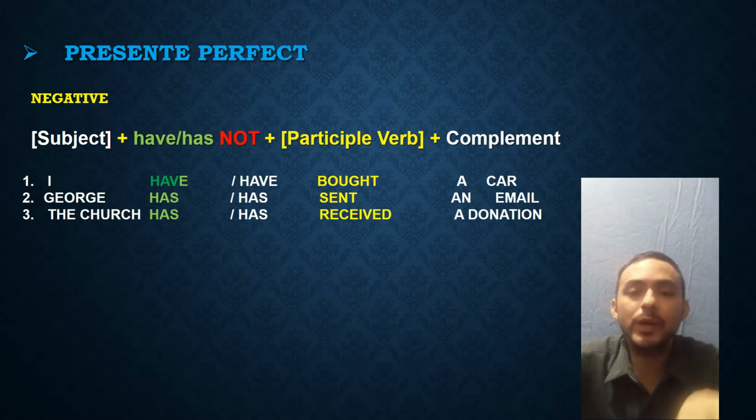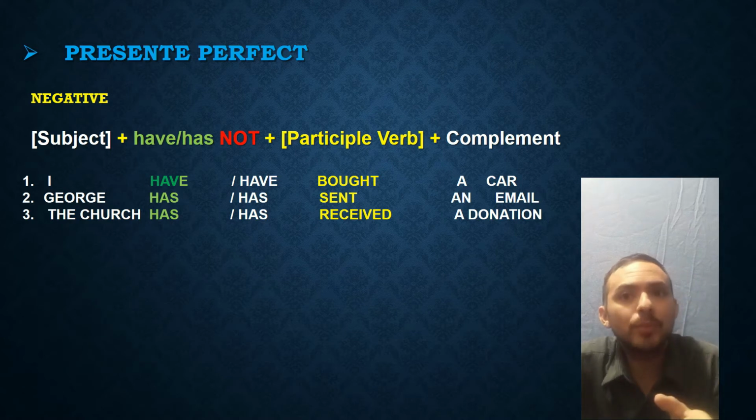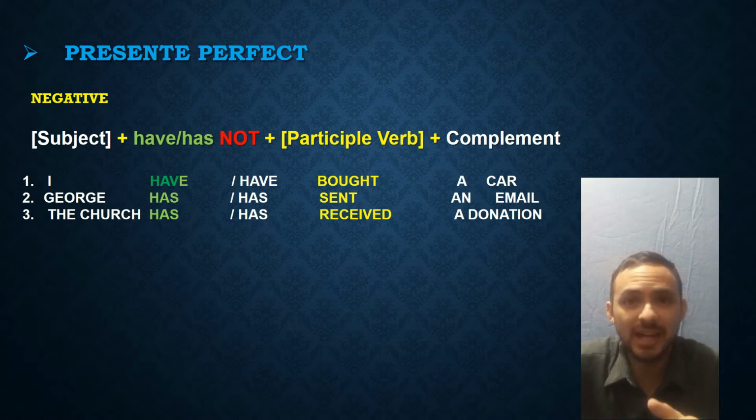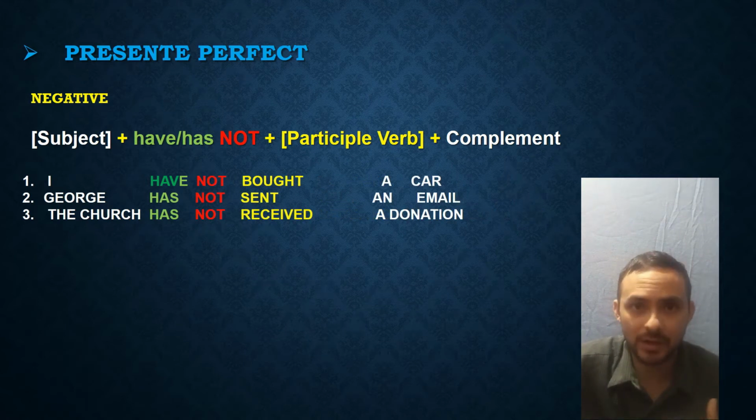Here I am going to put it in red color so that you can identify it easily. I have not bought a car. George has not sent an email. The church has not received a donation.